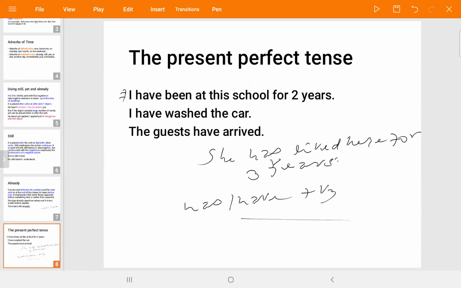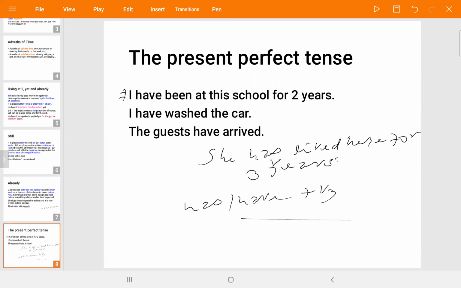So this is the rule or the use of this sentence. We use present perfect tense for activities that started in the past and continued to the time of speaking. This is the rule.